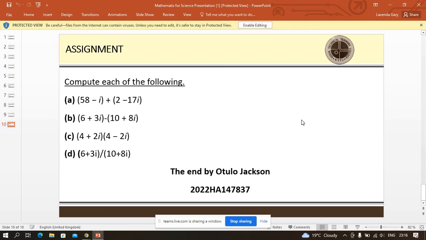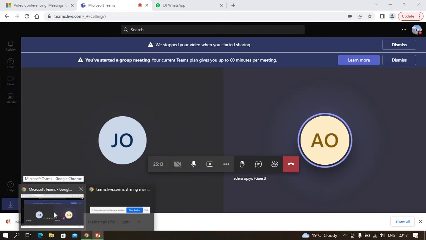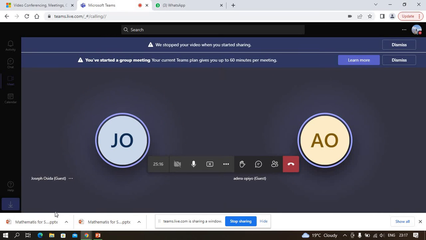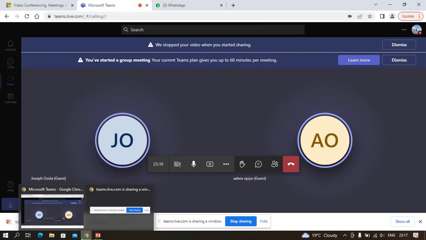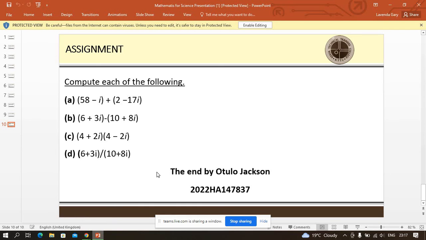Now, before we end the class, there are some assignments I would like us to do, and your class rep shall select to bring for marking. Okay, are you able to see them? The first one is addition. The next one, 6 plus 3i minus 10 plus 8i.